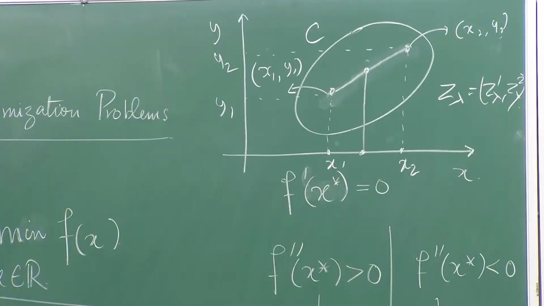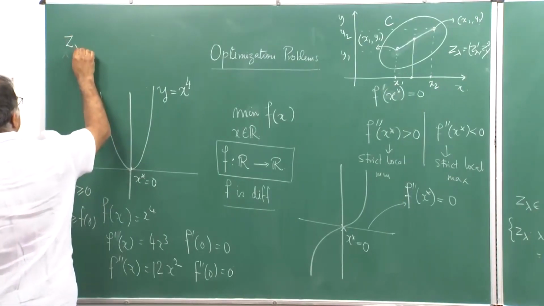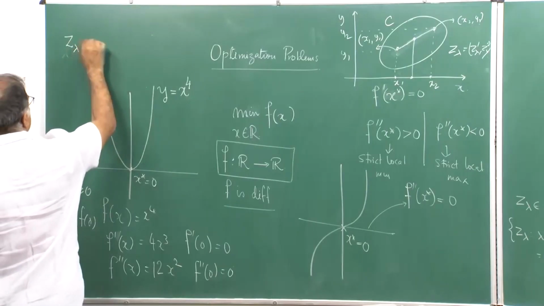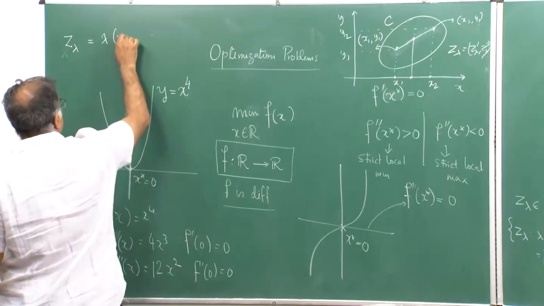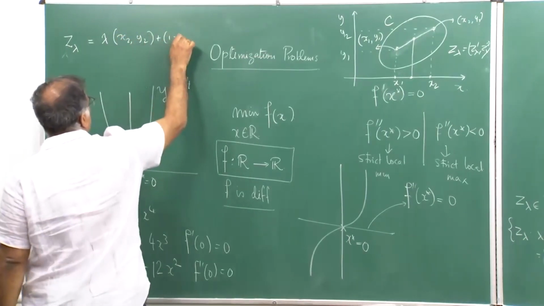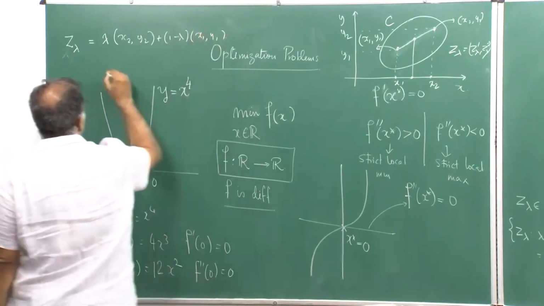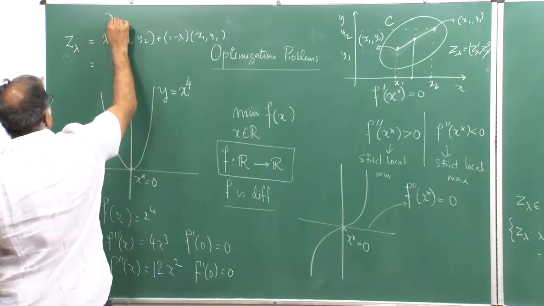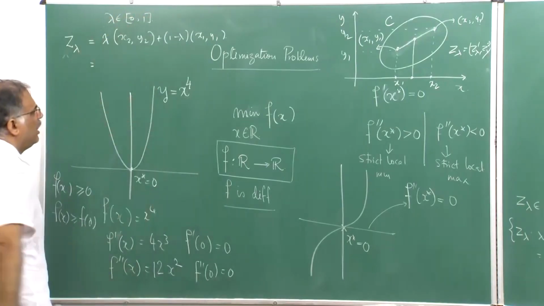So if you have 2 points x1 y1 and x2 y2, then any point z lambda, the coordinates would be of this form, lambda times x2 y2 plus 1 minus lambda times x1 y1, where lambda is obviously between 0 and 1. So I am joining the line segments, right?